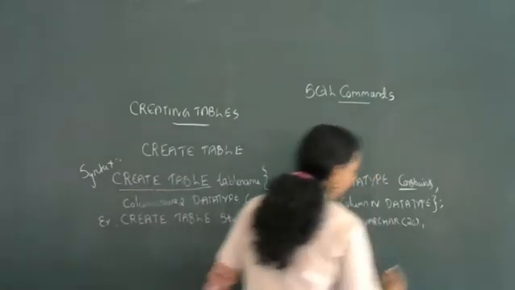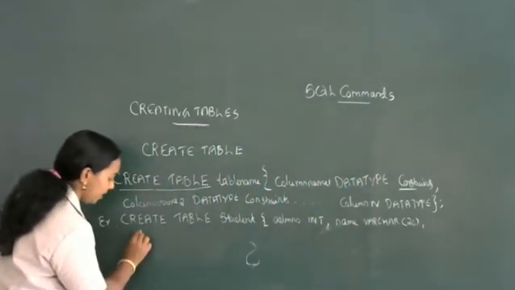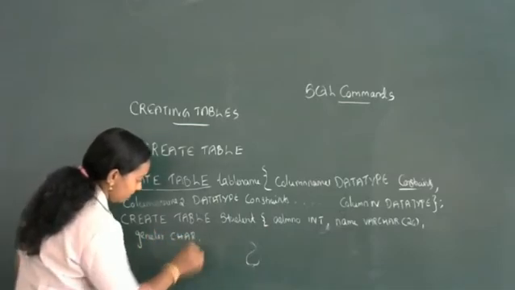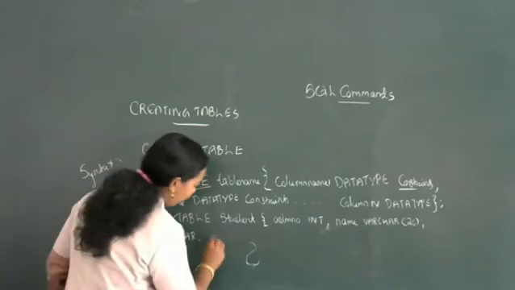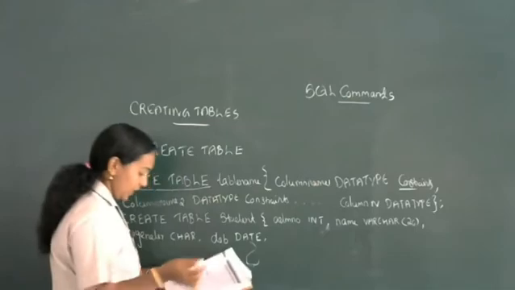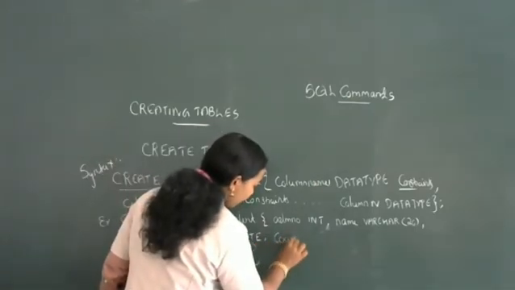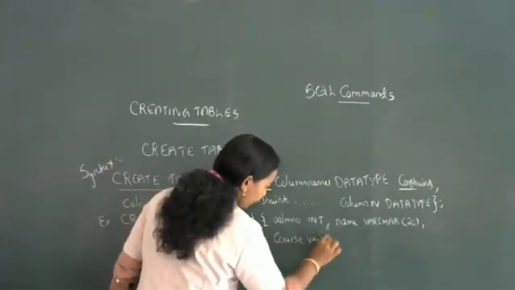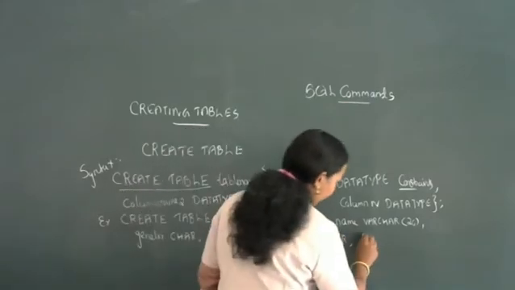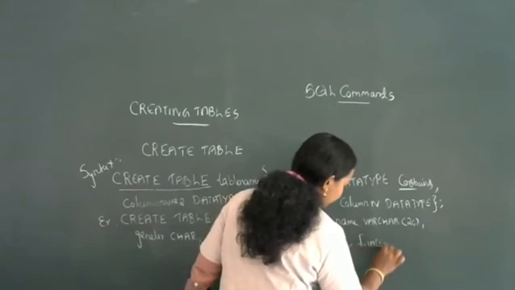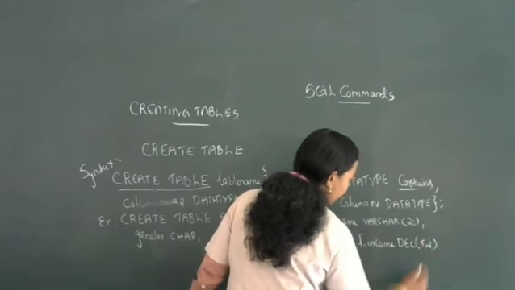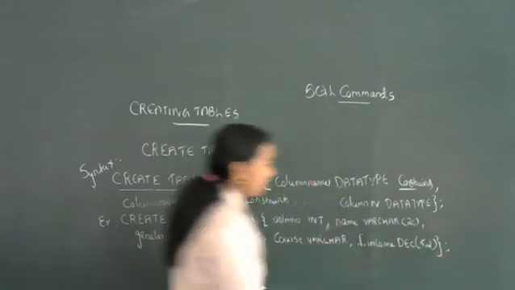Then comma, gender, char, comma, DOB, data type date, then course, varchar, comma, F income, DEC 5, 2. Then close the bracket, semicolon.